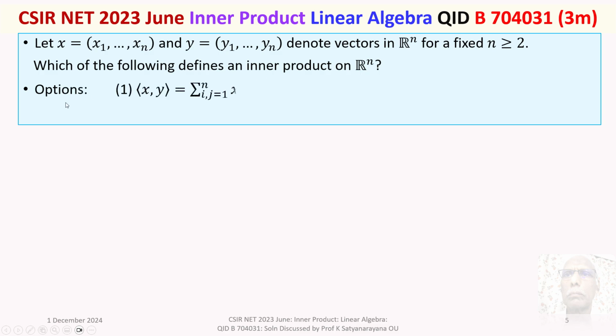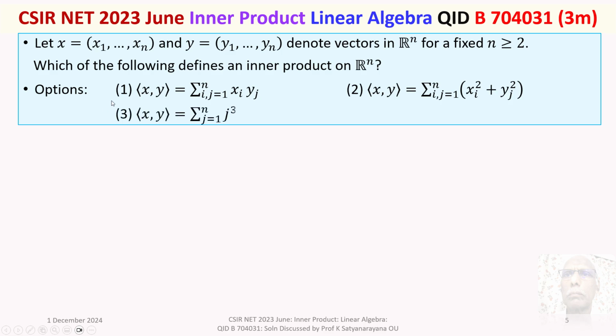We are given 4 options. These are the 4 options, and we will discuss their validity, whether they define an inner product or not, in detail in the subsequent slides.